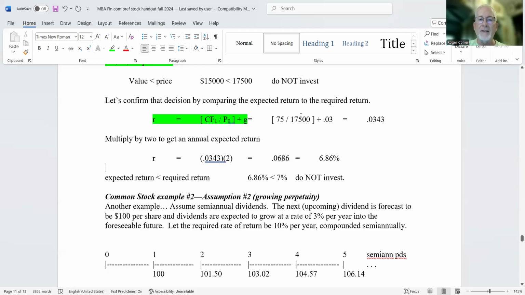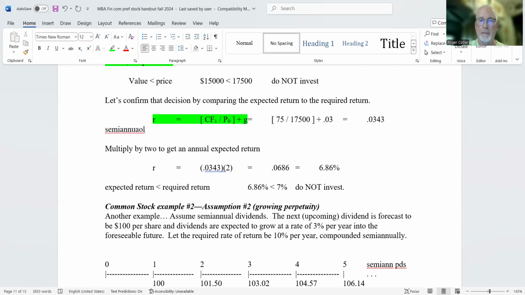The price is 17,500, and notice price and not value. P0 price, 75 over price, all of that plus the 3% semi-annual growth rate. And I get 3.43%, but of course, that 3.43% is semi-annual.